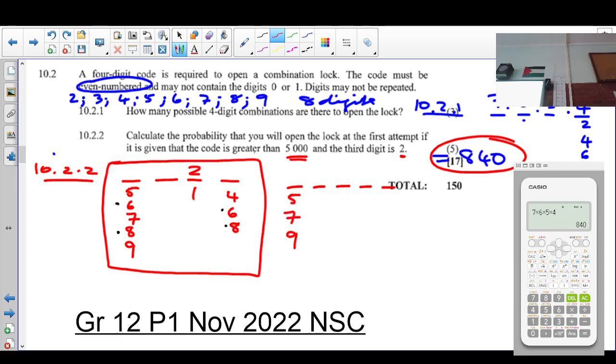If the first number is a 5, a 7, or a 9, so I take 5, 7, and 9, and of course this number has to be a 2, so there's one option there. And this last number could be a 4, a 6, or an 8, so there are 3 options on the last bit.